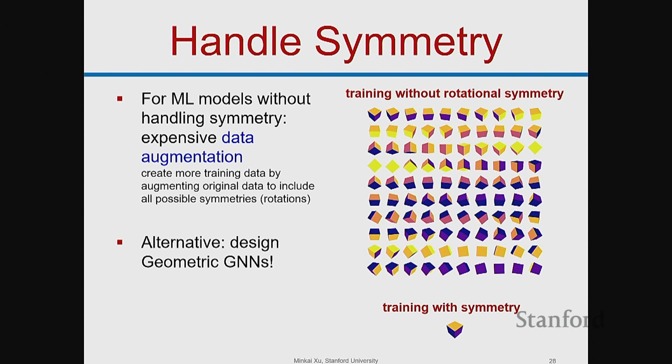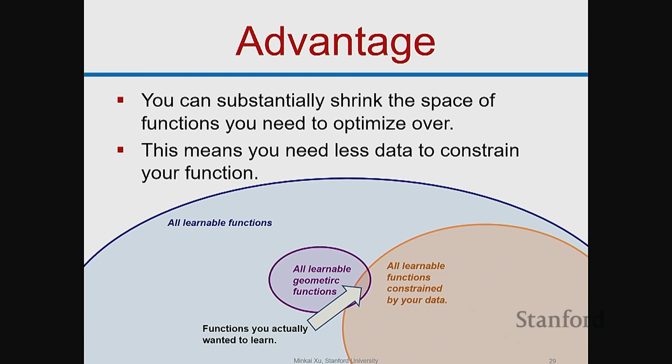Here, what we want to do is develop a GNN aware of symmetry. Just one data is enough. Here is some intuition. When you design a generic graph neural network, you allow yourself to explore the whole learnable function space.